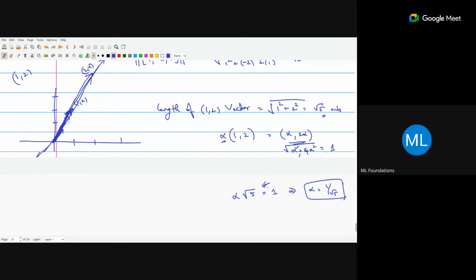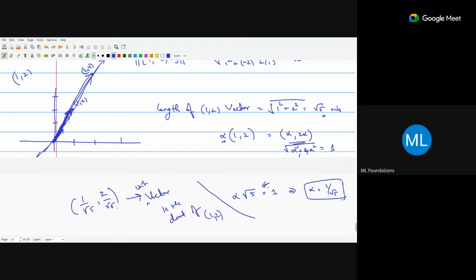I will just substitute this here. What I will get is 1 by root 5 comma 2 by root 5. This is a unit vector in the direction of 1 comma 2.